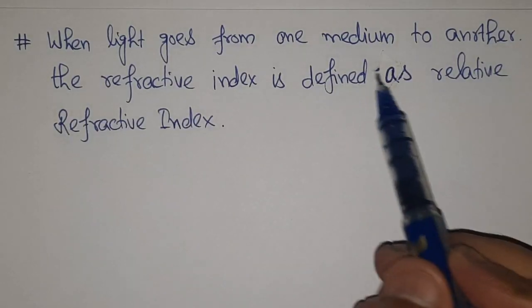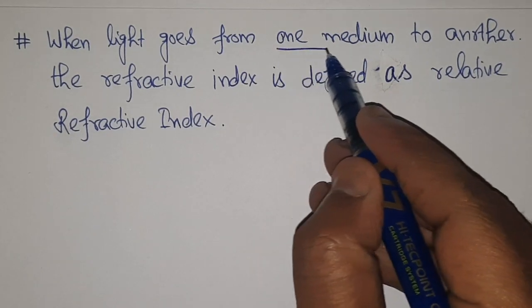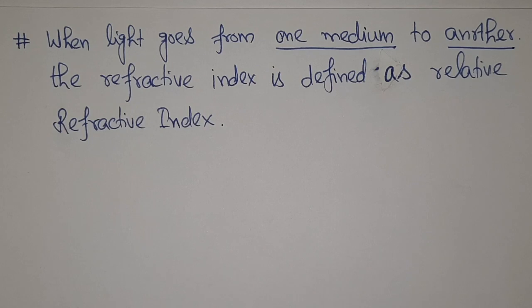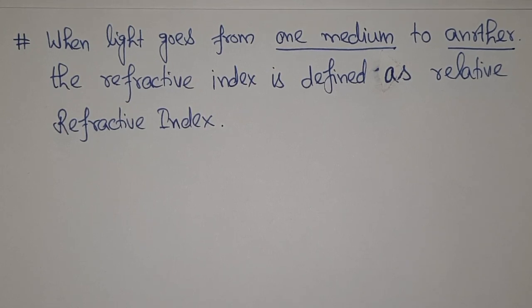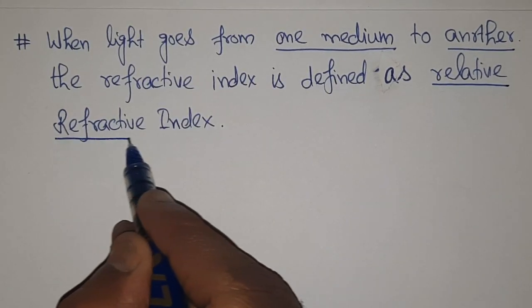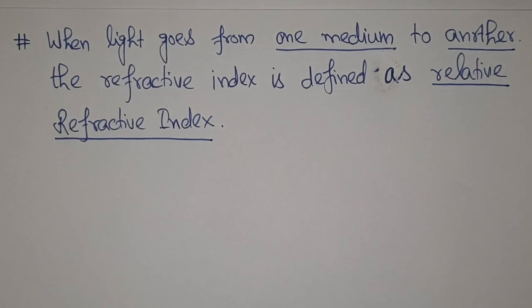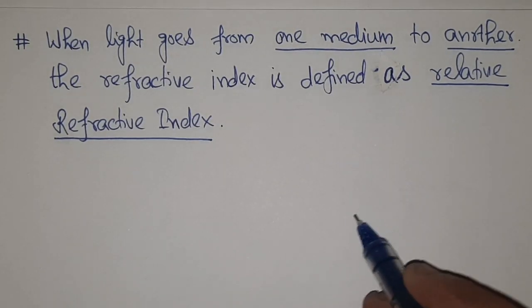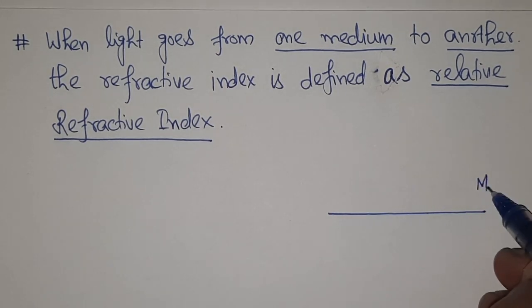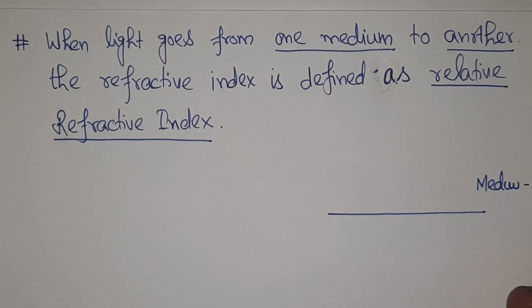Fine, when light goes from one medium to another, we define the refractive index as relative refractive index. Now how do we define relative refractive index? Suppose we have medium 1 and another medium 2.